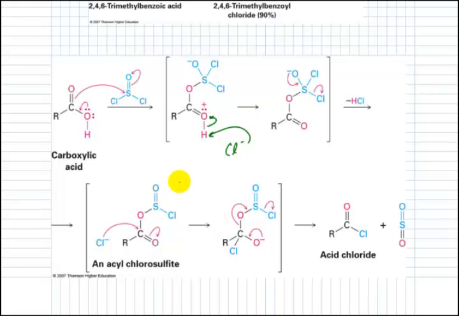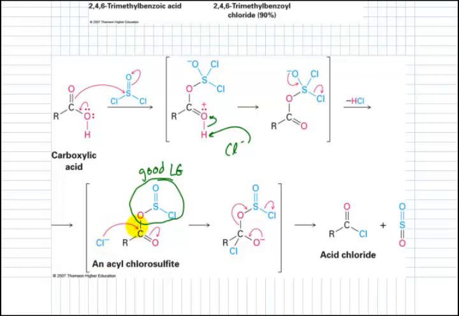And what we've done is formed a good leaving group. So this reaction of the carboxylic acid turned one of those oxygens into a good leaving group. Okay? It's actually the carbonyl oxygen that becomes part of the leaving group. This intermediate has C double bond O where the single bond O originally was, so they sort of swapped that way.